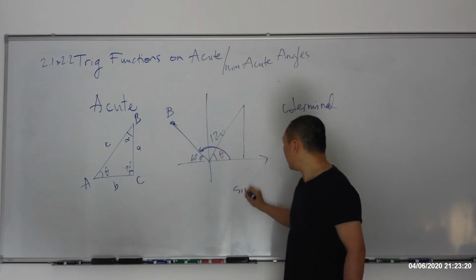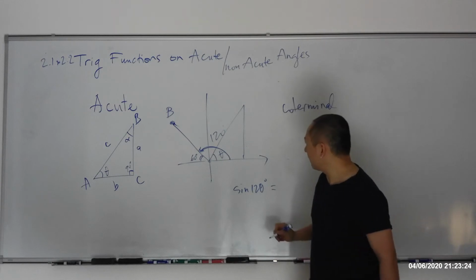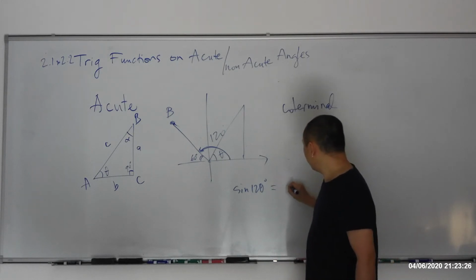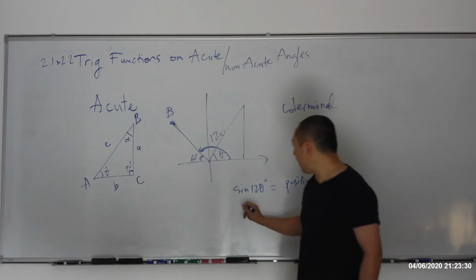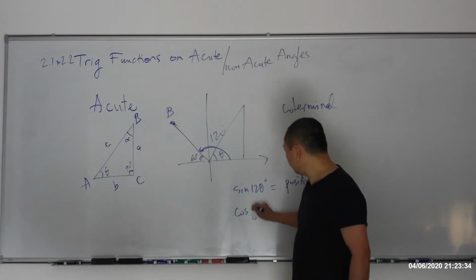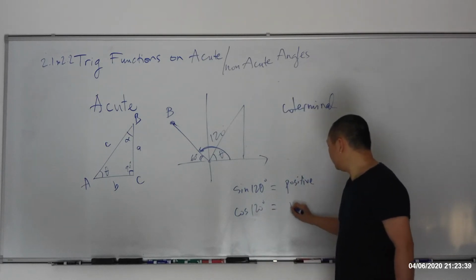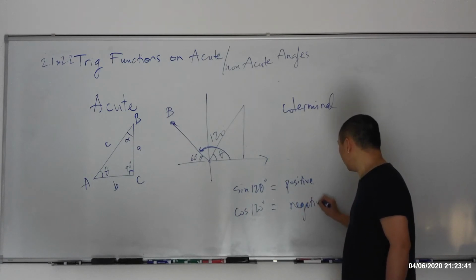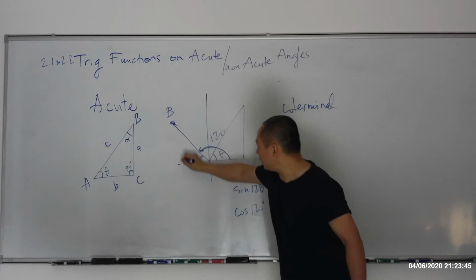So sine of 120 degrees is still positive. I don't know what it is yet, just assume I don't know. But cosine of 120 degrees is going to be a negative number, because it's in the second quadrant and cosine is the x value.